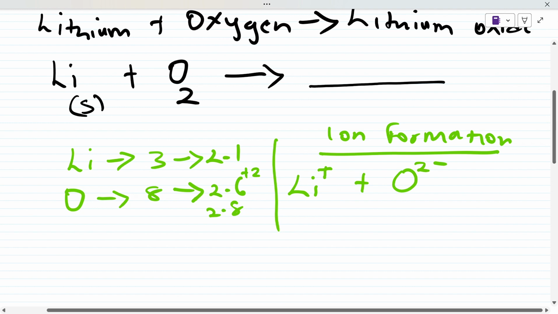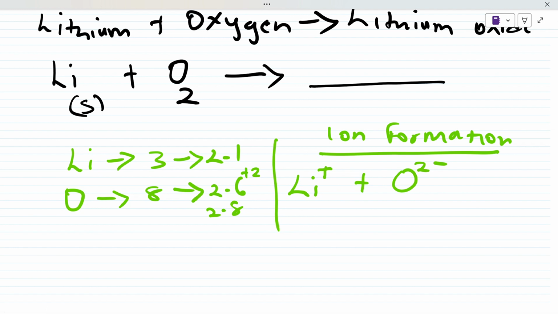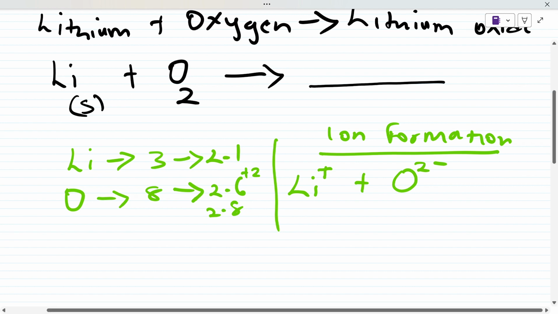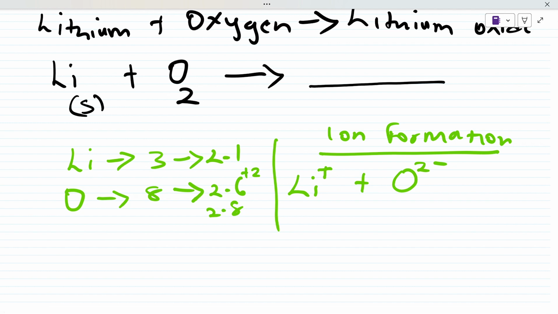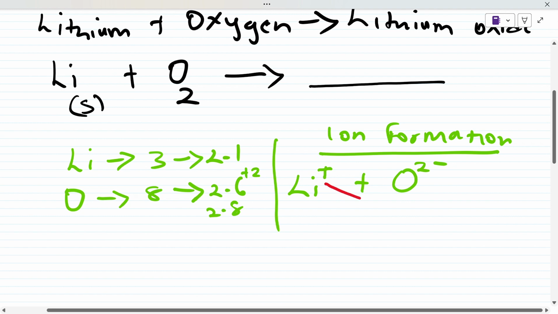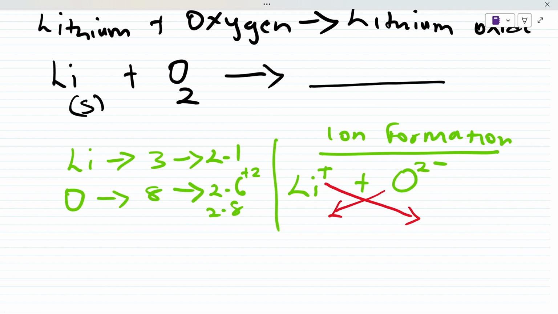So when this happens, this is where I'm bringing the concept of interchanging the charges. If I interchange their charges, the positive 1 is going to come this side and the minus 2 is going to come this side. So at the end of the day, I'm going to form a compound because the two are uniting.